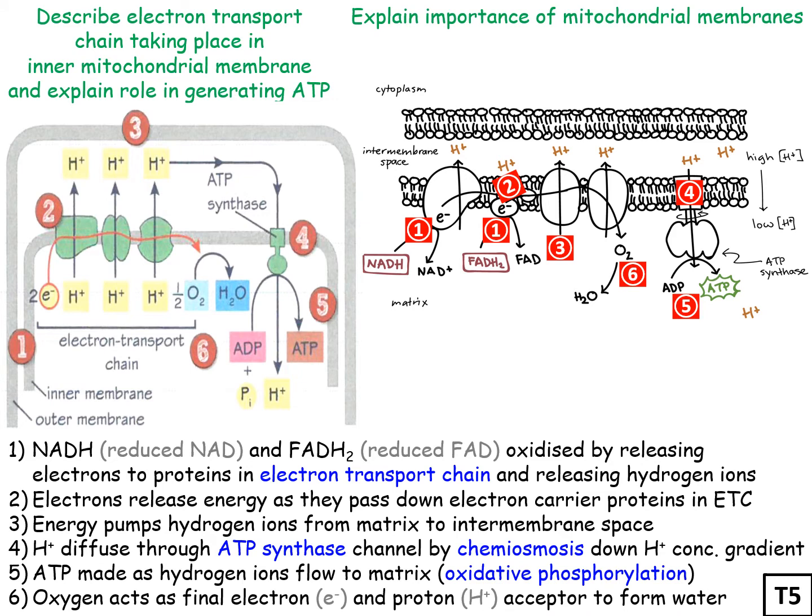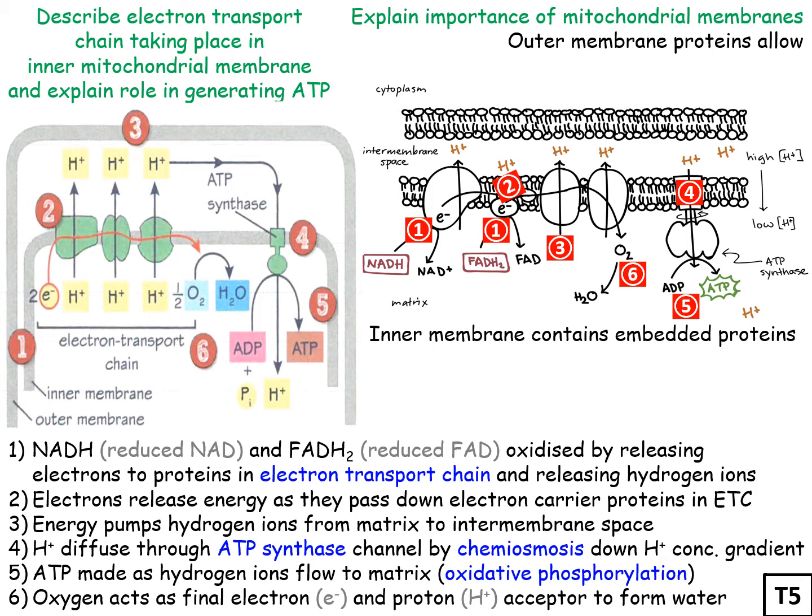The electron is transported from one electron carrier protein on the membrane to another, and finally gets accepted by oxygen. So oxygen acts as the final electron and proton acceptor, and this will then form water with the available hydrogen ions.